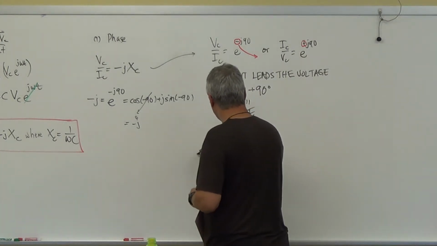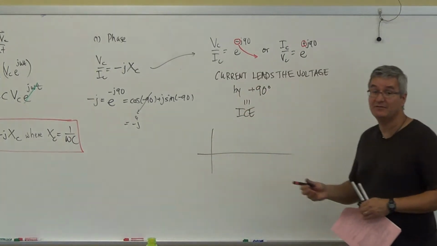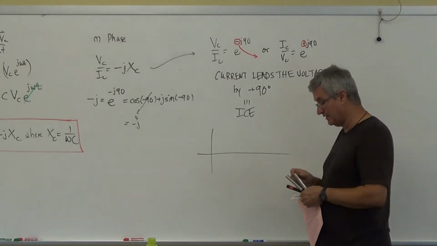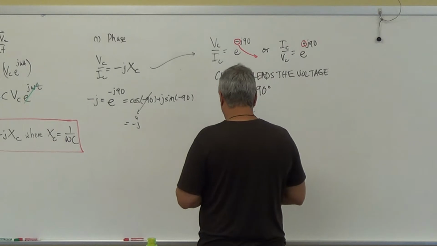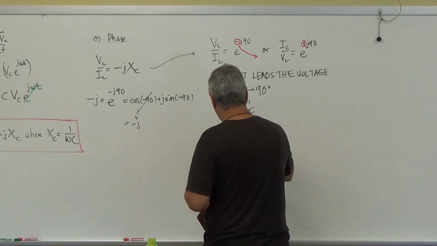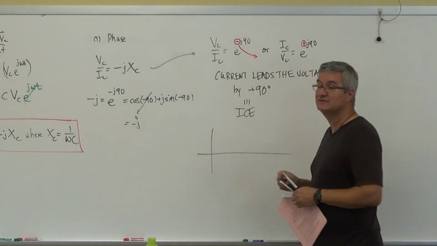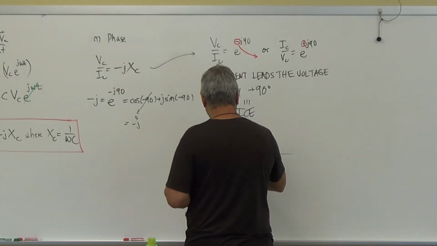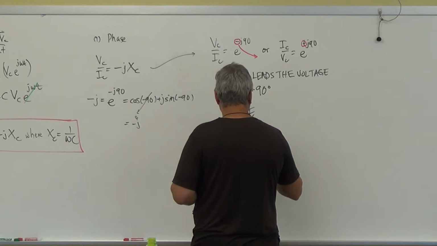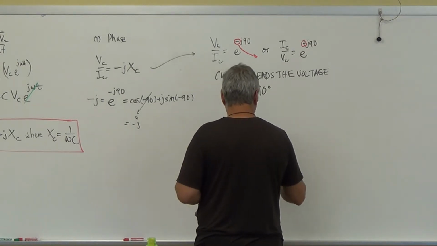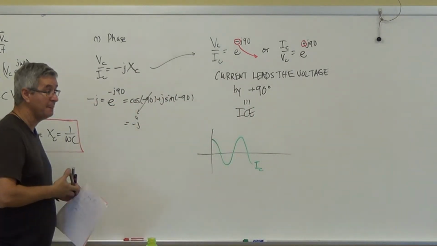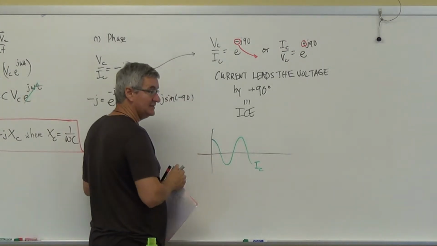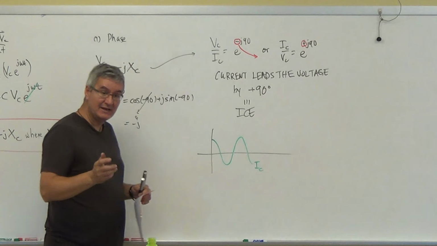So when I look at my curve here, I've got to be very careful. Let's see how I do this. I'm going to have my voltage here, so let me draw the current first. I can only do a few turns, so let's say that's the current. That means if that's the current, then the voltage has to lag by 90 degrees.